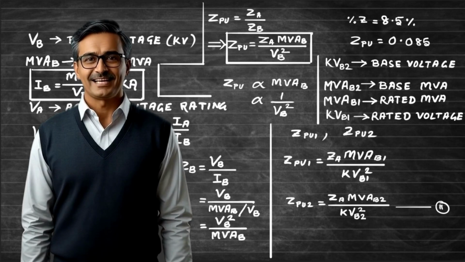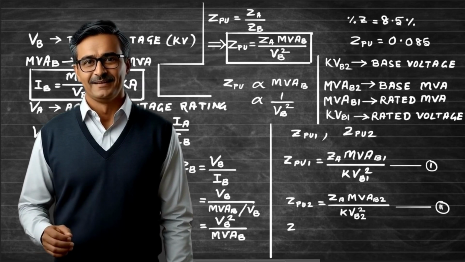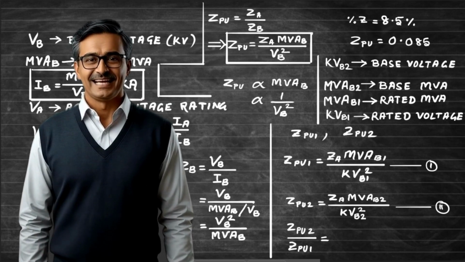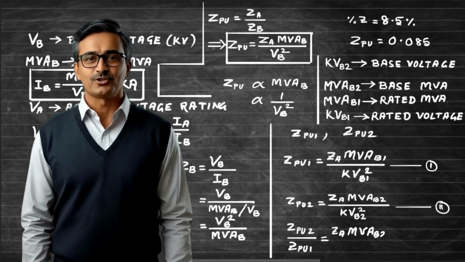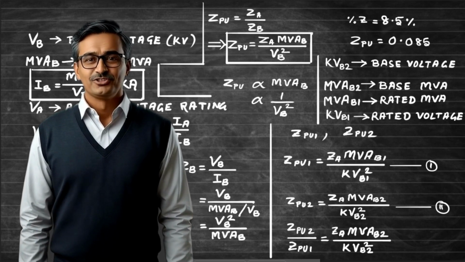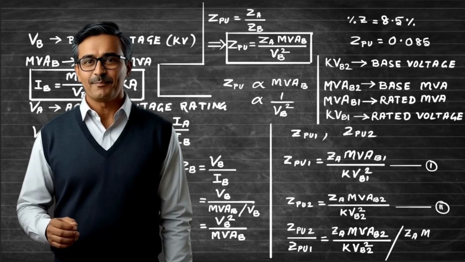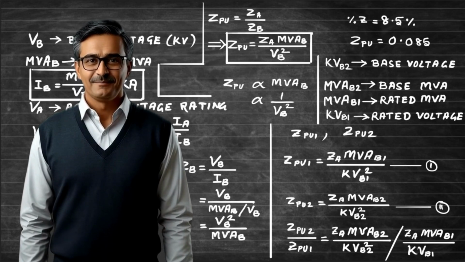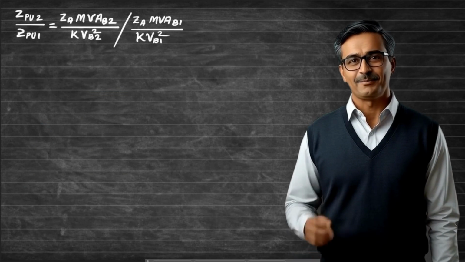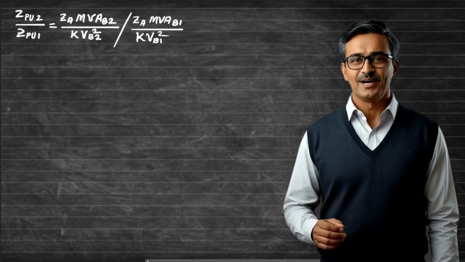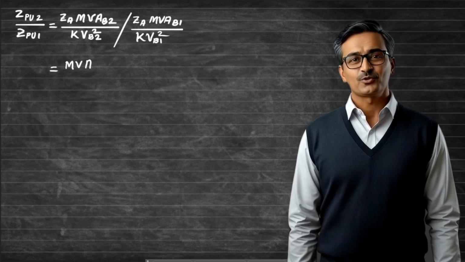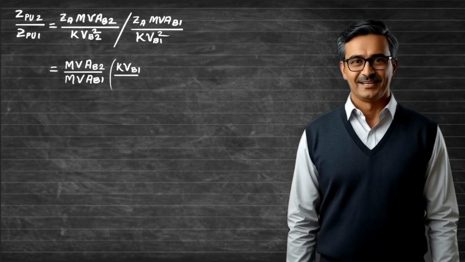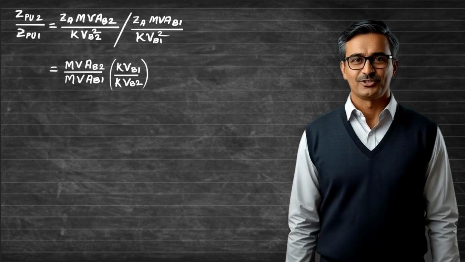Now, if we divide the second equation by the first equation, we get ZPU2 divided by ZPU1 equals ZA multiplied by MVA B2 divided by KVB2 square, divided by ZA multiplied by MVA B1 divided by KVB1 square. After simplification, ZPU2 divided by ZPU1 equals MVA B2 divided by MVA B1 multiplied by KVB1 divided by KVB2 whole square.